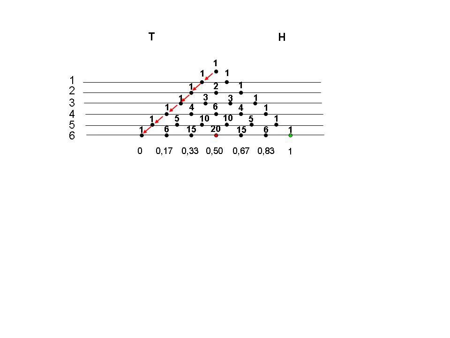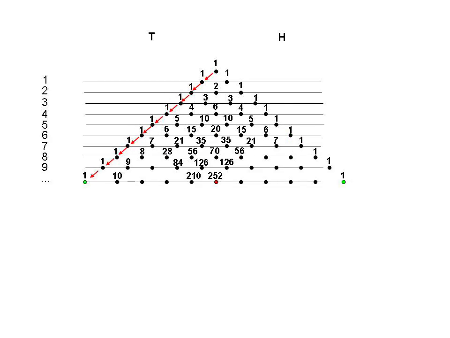Okay? So if you increase the number of trials from 6 to 10, you see that the number of paths you can take to get to the 0.5 average is 252, but the number of paths to get the average of 1, which means all flips will be heads, is only 1.